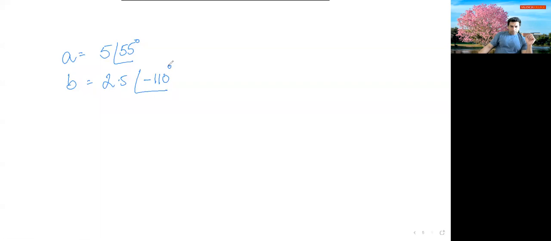So I have the first number in the first quadrant and the second number in the third quadrant. And I want to do again the same thing, A over B: 5 angle 55 degrees over 2.5 angle negative 110 degrees.